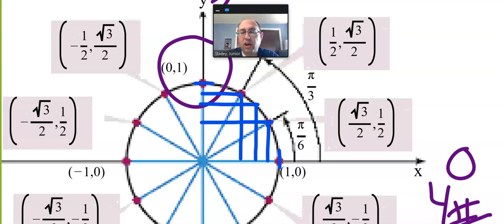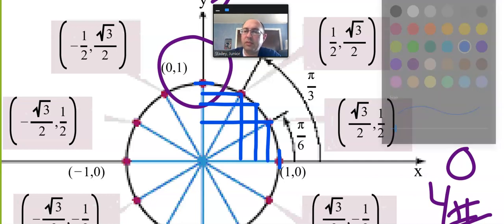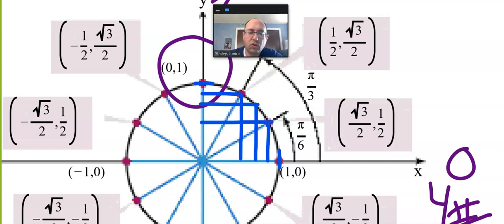Now, you might ask where these numbers are coming from. Well, keep in mind that we can always go back to 30-60-90 right triangles, which we studied probably last week. If the hypotenuse is 1, how do we go to the short leg?